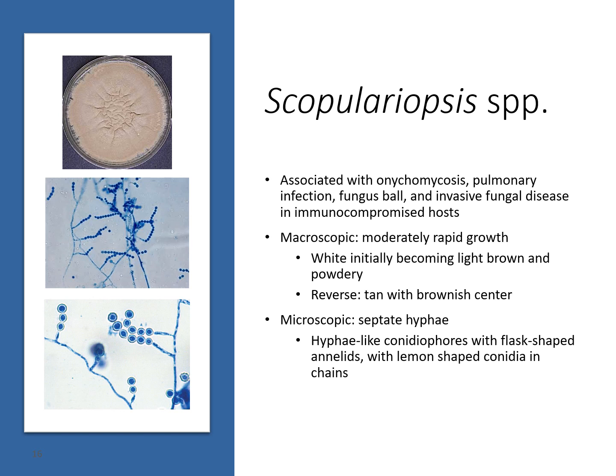For the microscopic appearance, it has septate hyphae. Off of the hyphae, it will have these hyphae-like conidiophores. So you can see those coming up. Some of them look a little bit shorter than the others, but they're coming up.